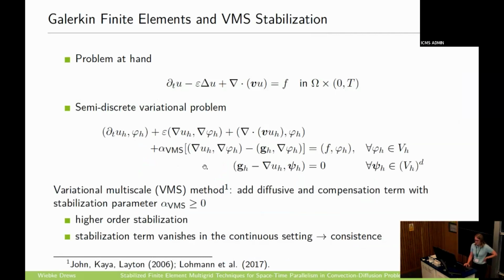So this means that we add a diffusive part and remove an anti-diffusive part, where G_h is defined as the discrete L2 projection of the gradient, so that we ensure that the stabilization term vanishes in the continuous setting. So this is consistent, and also it's a higher order stabilization. So that's what we want.